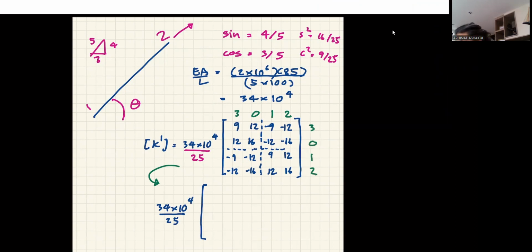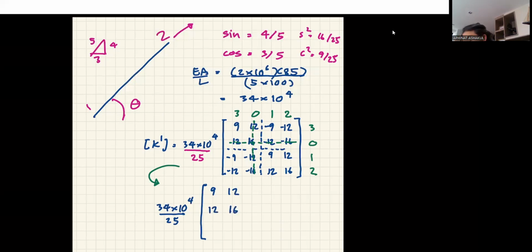You can cross out the line 0 right away, not going to be involved. And then you see here's a group of 1, 2, so you can place them just like that. Group of 1, 2: it's 9, 12, 12, and 16.